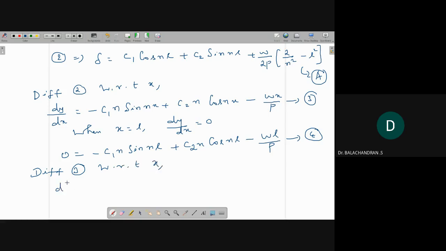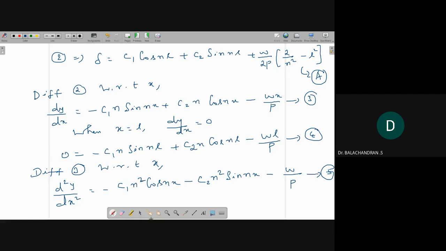So you get d square y by dx square equal to minus C1 into n square into cos nx minus C2 into n square into sin nx minus omega by p. So this is 5.